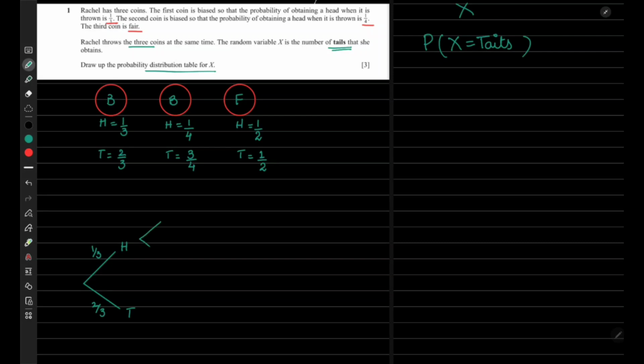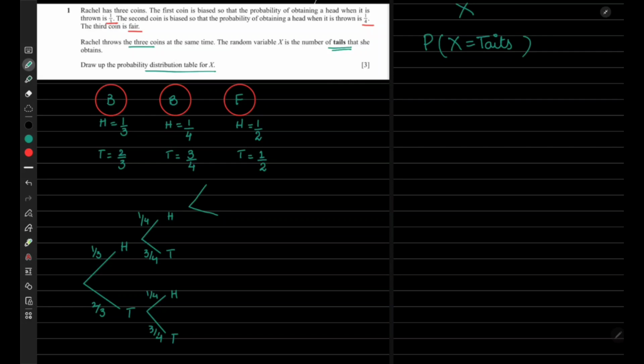Then for the second coin, we can have a head or a tail from each branch. What is the probability of getting a head on the second one? 1/4 and 3/4, 1/4, 3/4.